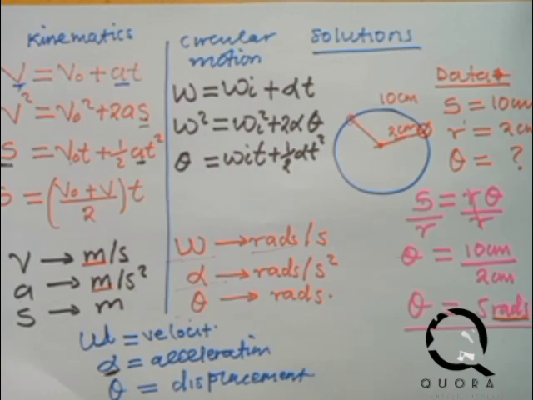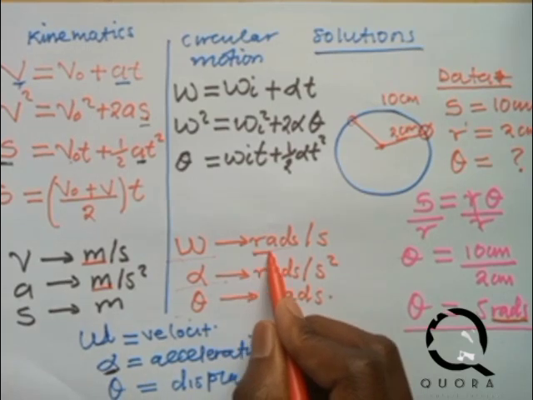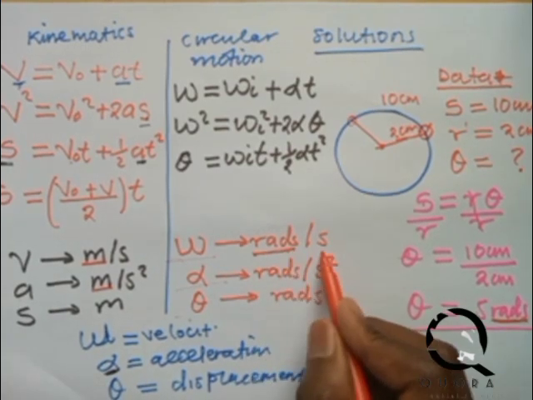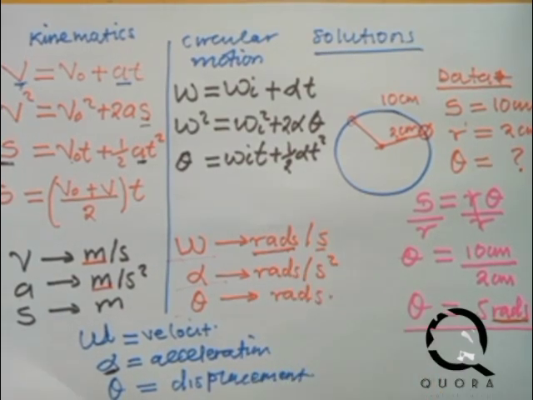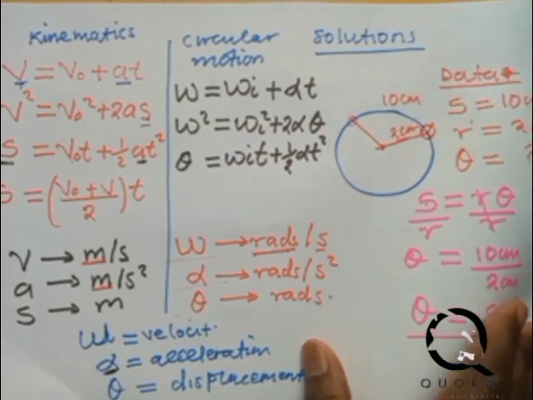So whenever a question says to convert, maybe, 20 revolutions per minute into the actual units, it simply means you have to convert it into radians per second. Let's try an example based on what I have been explaining here.